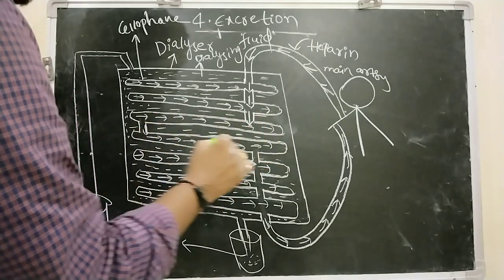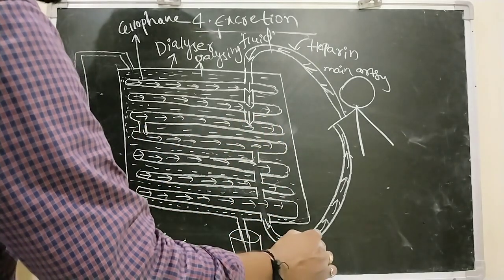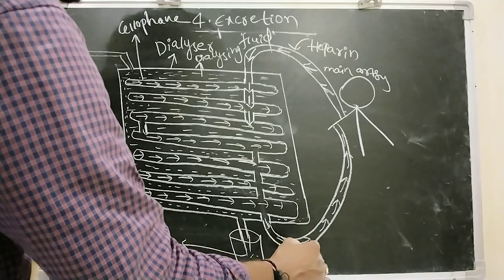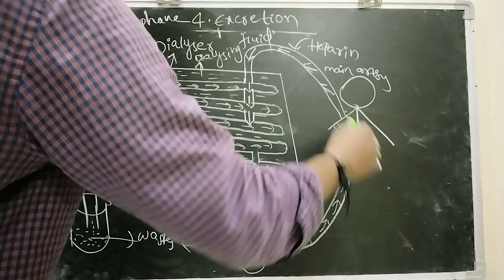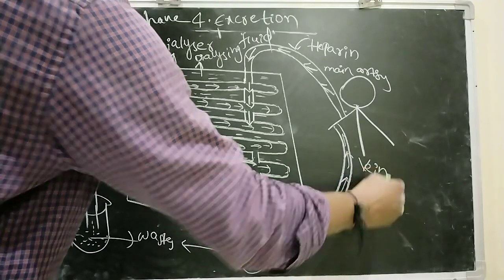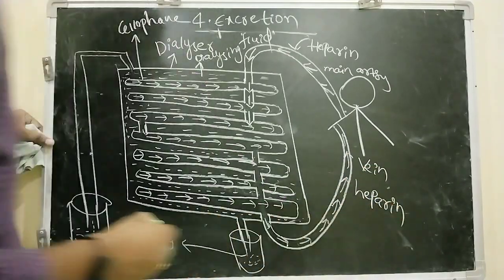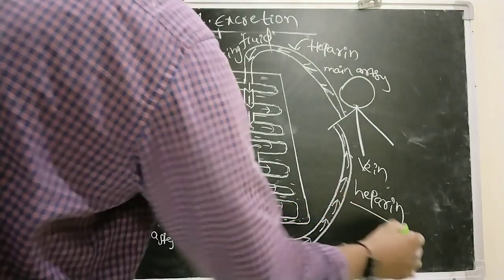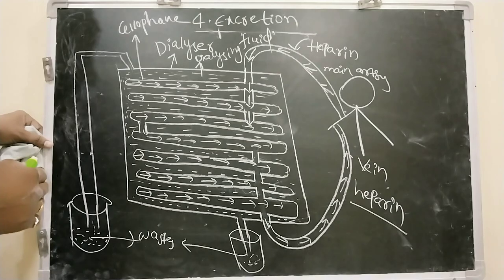In each and every stage the blood is purifying, and whatever blood is cleaned is again sent back to the person's body through his vein, again by adding an anticoagulant called heparin, which prevents the blood from clotting.